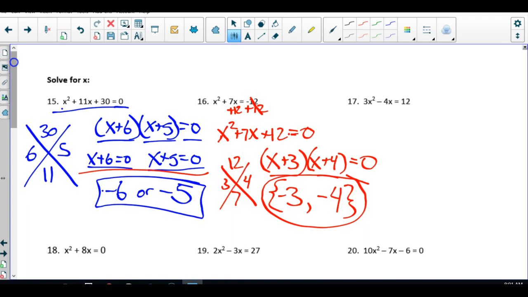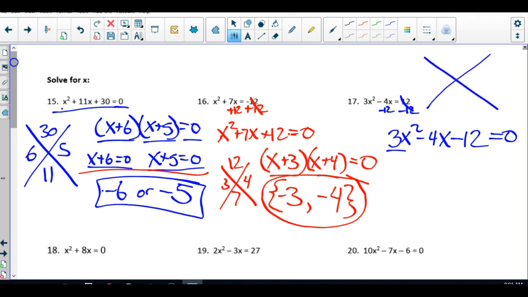Number 17. I'm out of space here, but I'll squeeze it in. Again, make it equal 0. Canceling out the right side: 3x squared minus 4x minus 12 equals 0. Factor it now. That's the hard type. So we're going to have negative 36 up top and negative 4 down bottom. What could that be?